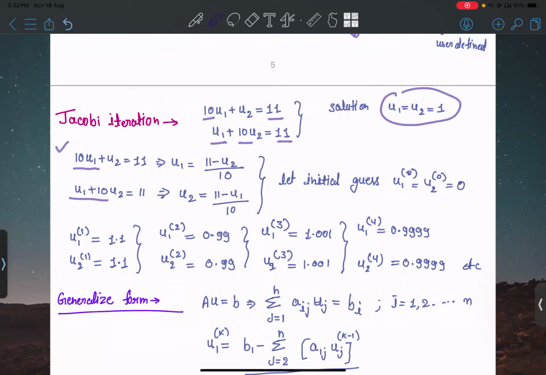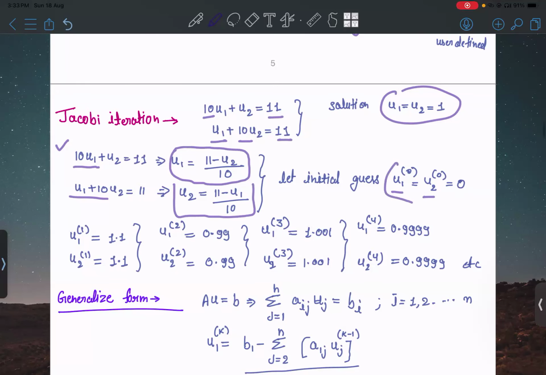From the first equation we find u1, and similarly u2 can be expressed as 11 minus u1 divided by 10. Then we make some initial guess, say u1 at the 0th iteration is 1 and u2 is 2.